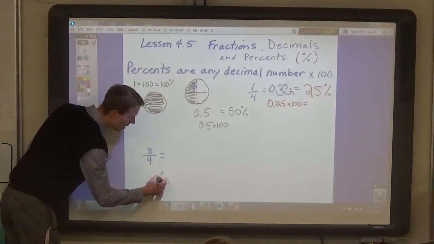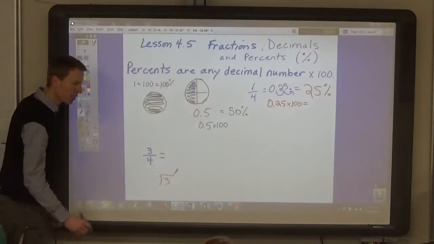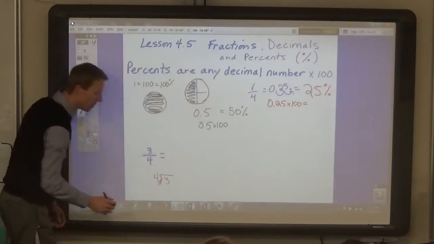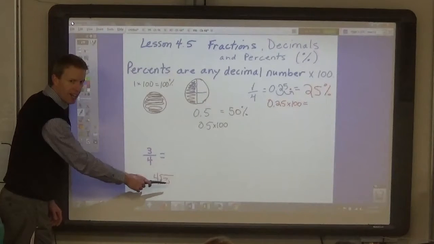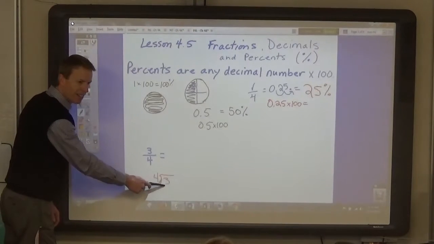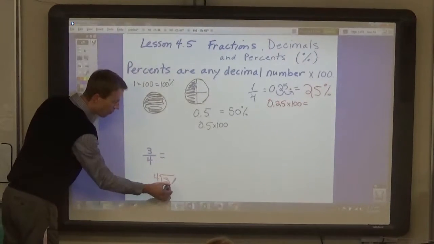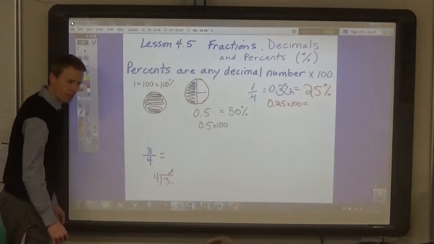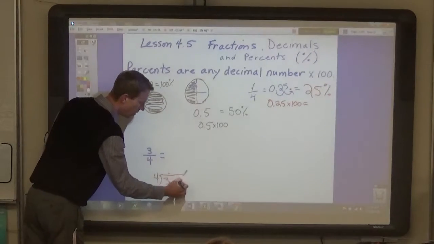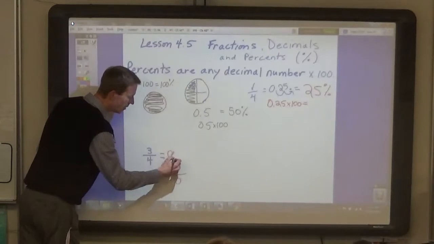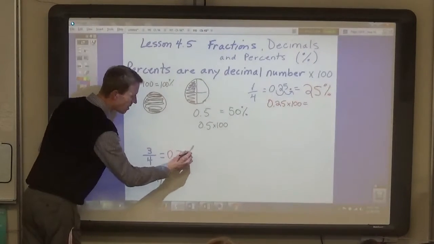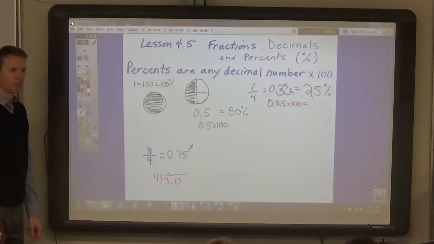First of all, if you didn't have it memorized, then you'd need to divide. And we learned already that you put the top number inside the house, put the decimal point in the right place, and then divide, and you would find that it is 0.75 or 75 hundredths.